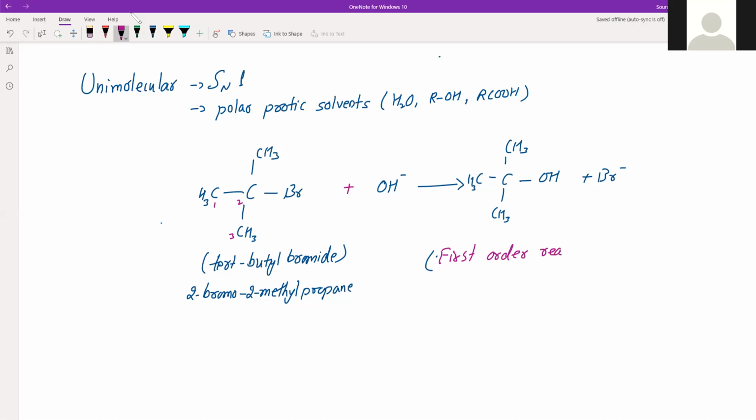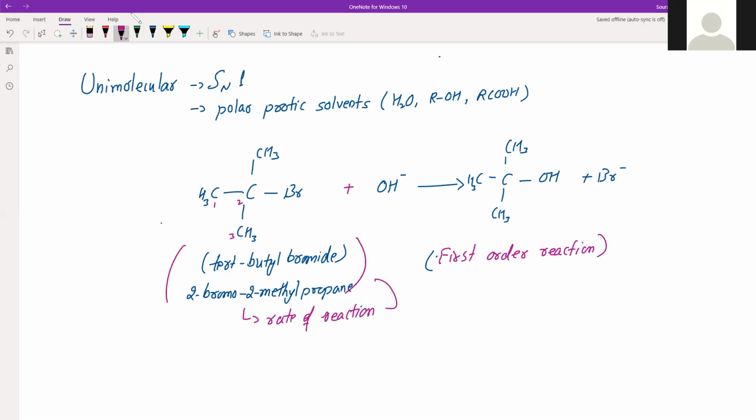If it is a first order reaction, that means the rate of the reaction depends upon the concentration of only one item, right? And this is the thing on which the rate of reaction will depend.